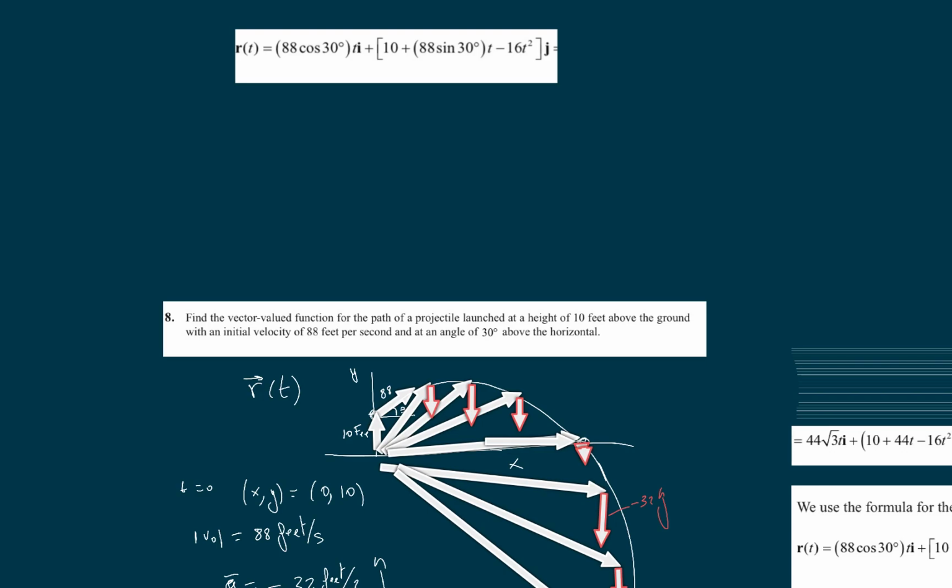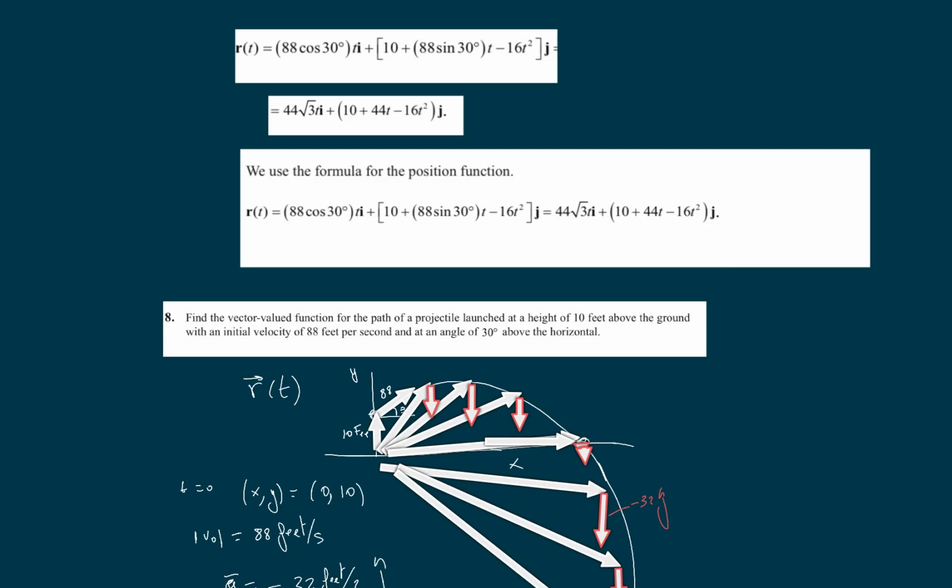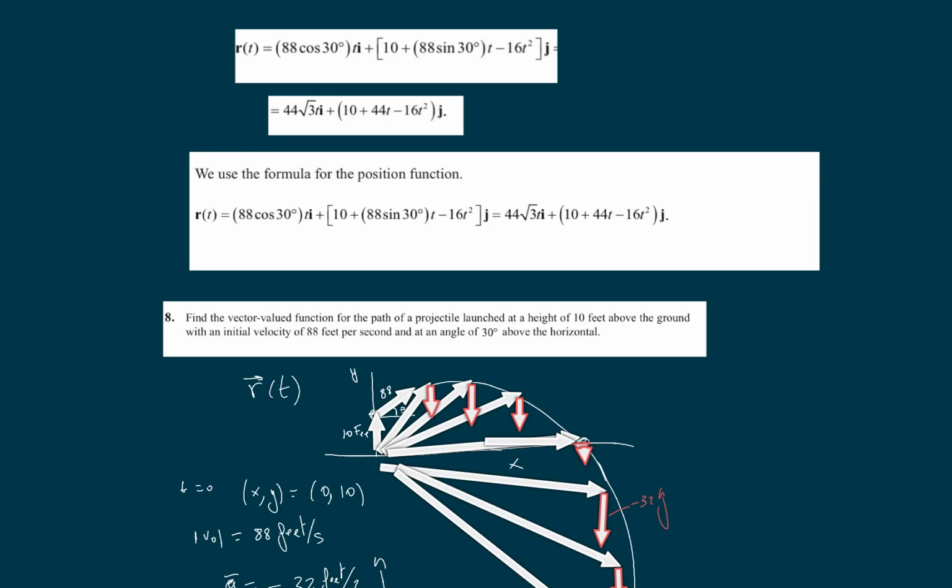And if we plug in the numbers, it will be 44 square root of 2 t, because cosine of 30 is square root of 3 divided by 2, and sine of 30 is 1/2, so instead of 88, it will appear 88 multiplied by 1/2, which is 44. And then the problem is solved, and this should be exactly the same that I did before. The position vector is this one.